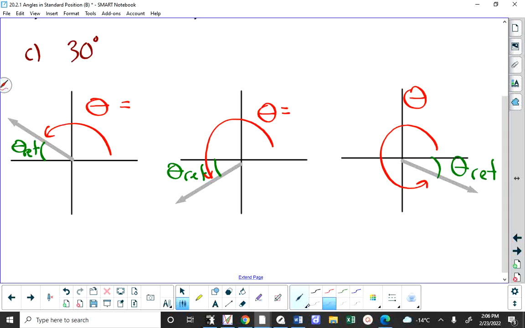In the case of the one on the right, I would have to take 360 degrees, which is a full revolution, and back off that 30 degrees, giving me 330 degrees. Over here, I would need to take 180, which is this black arc, and add the reference angle of 30, giving me 210 degrees.